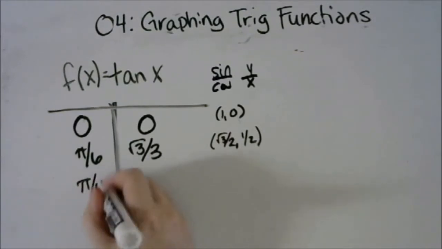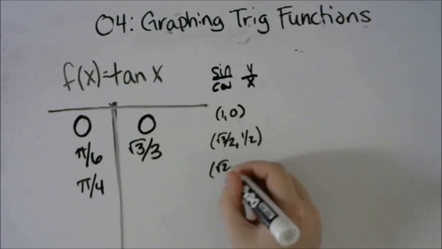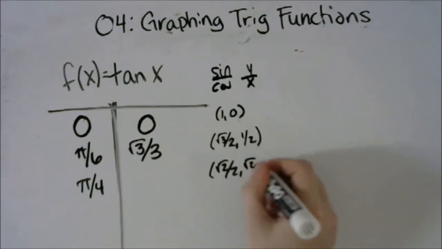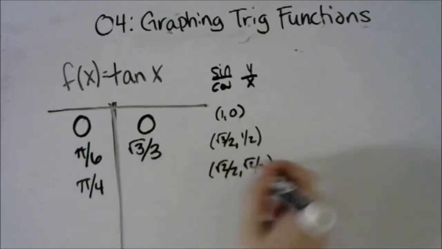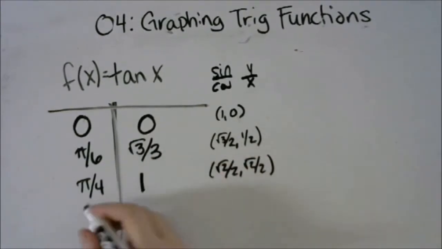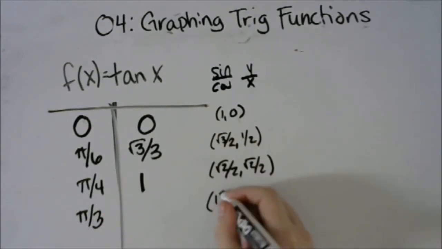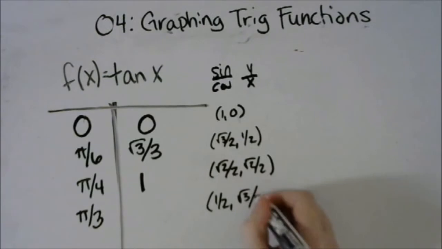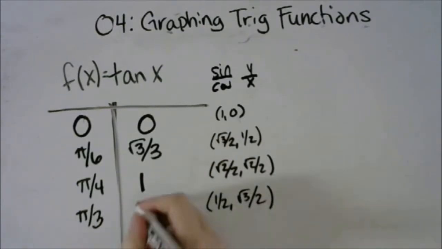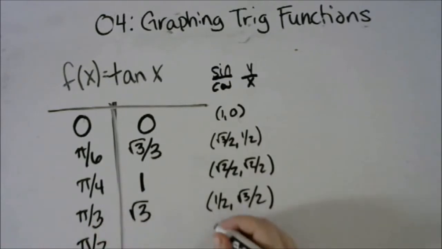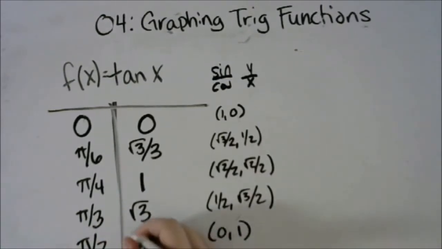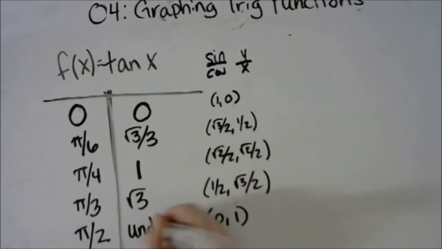At pi/4, the ordered pair is rad 2 over 2, rad 2 over 2, which, when you divide y over x, you get 1. At pi/3, the ordered pair is 1/2, rad 3 over 2. When I divide, I get rad 3. Then at pi/2, the ordered pair is 0, 1, which is the first position that tangent is undefined.